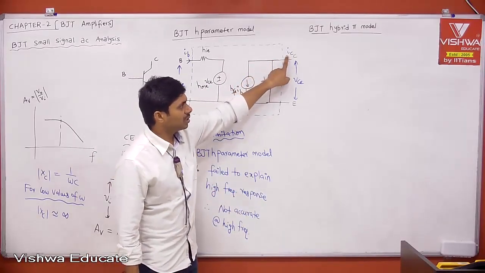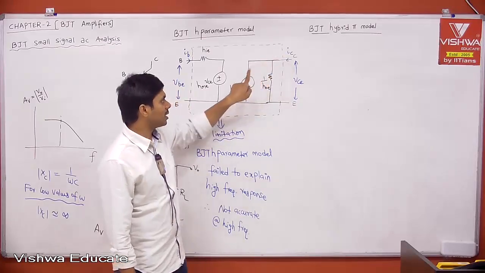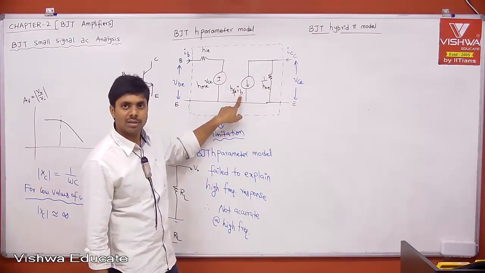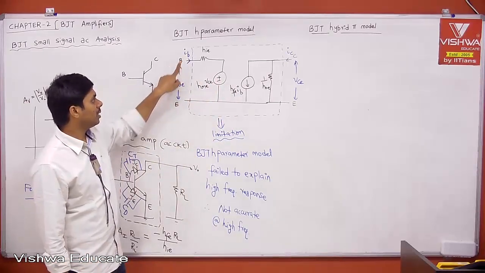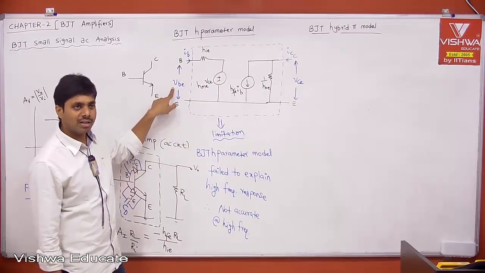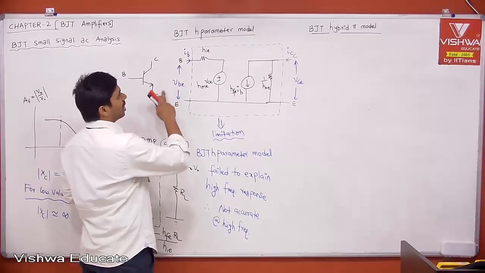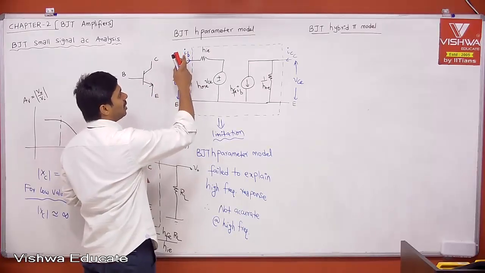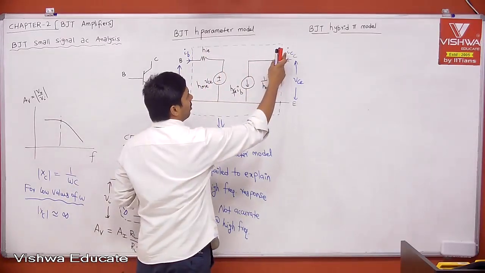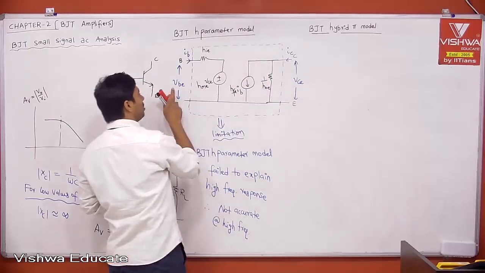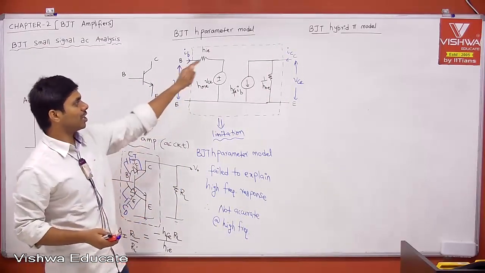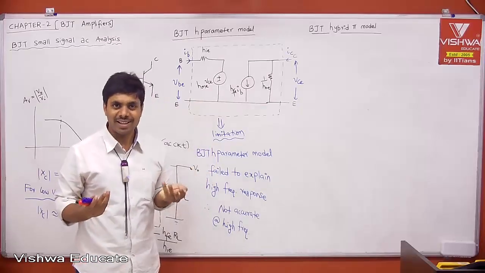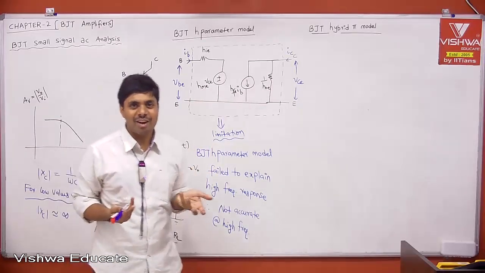Your output current IC is controlled by IB, and your IB is controlled by VBE. VBE controls IB, and IB controls IC. Therefore, can I say your IC is controlled by VBE? Voltage is what controls your output current IC. Am I correct or not?